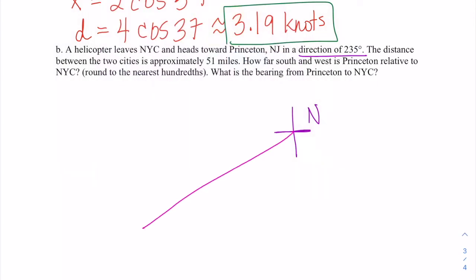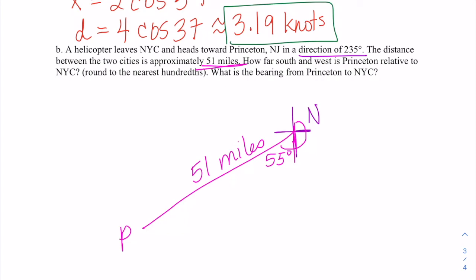And this whole angle is 235, but we know that if this is 180, well, if I subtract 180 from 235, this will be 55. Then it says Princeton's down here, and they're going to be approximately 51 miles apart.